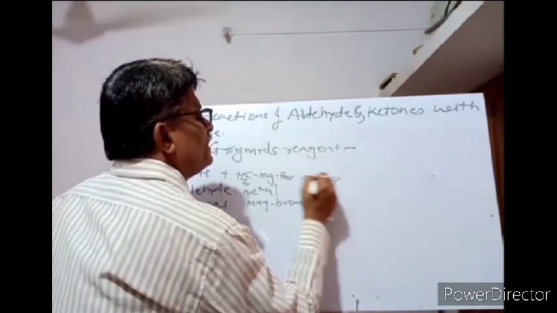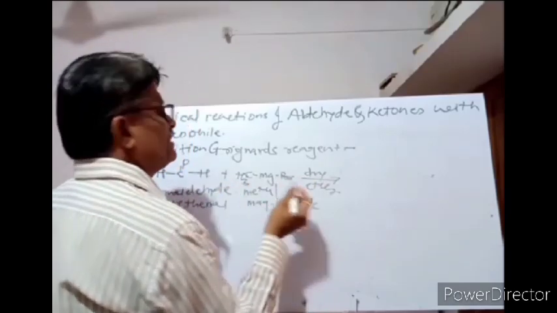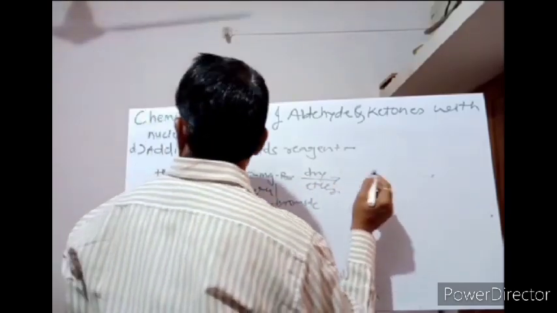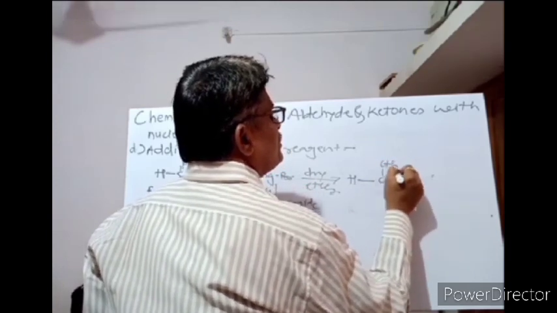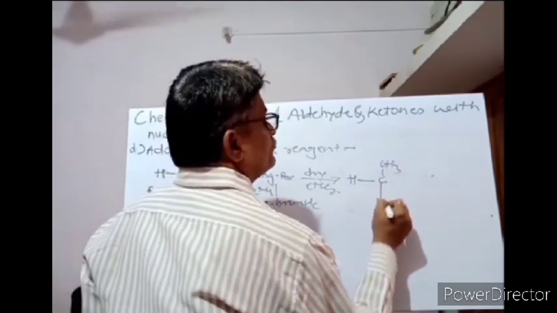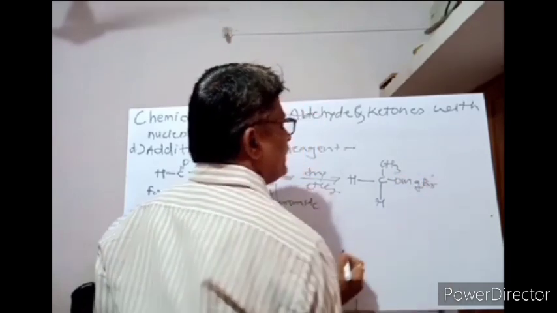This reaction takes place in the presence of dry ether and gives a complex. Here H C CH3 H O MgBr is formed.